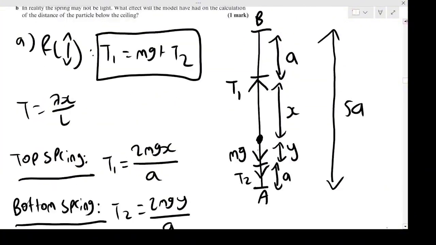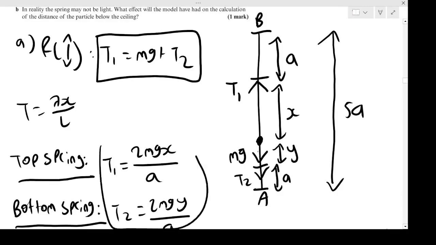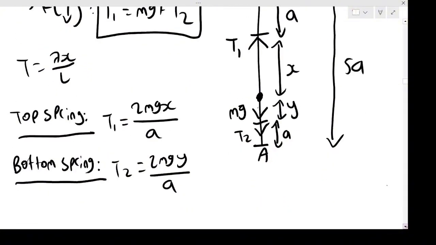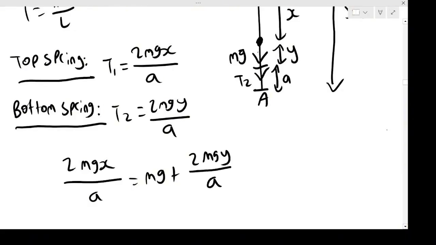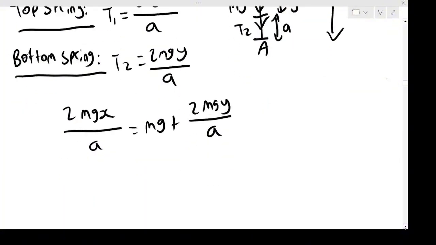Now we know what T1 and T2 are, we can substitute them into this equation here. So T1, which is 2mgx over a, equals mg plus T2. Let's simplify it.